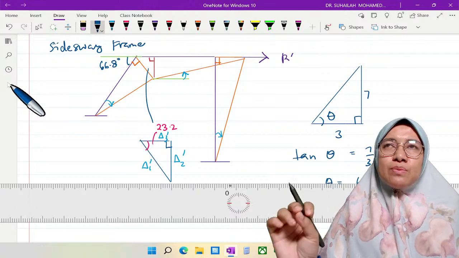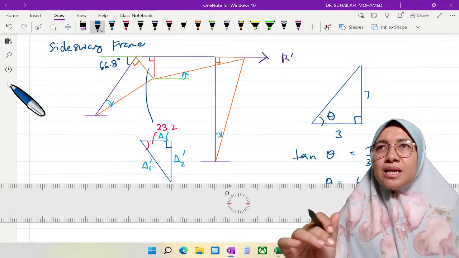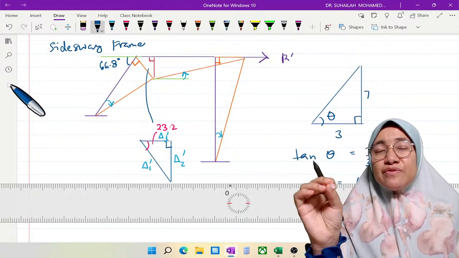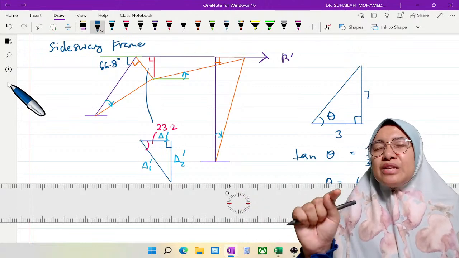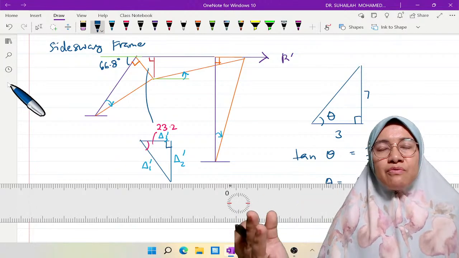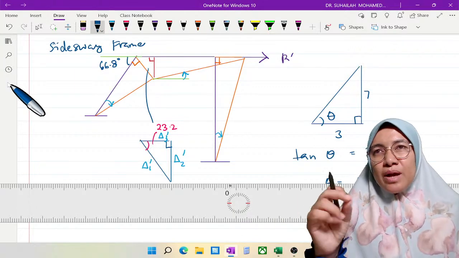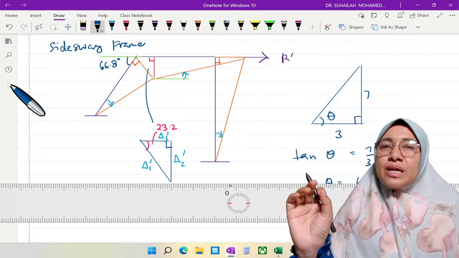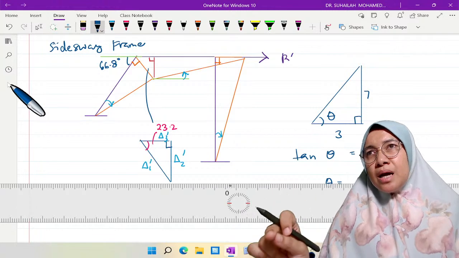Which will be based on the principle of superposition. If we refer back to the principle of superposition, we have negative R plus R. Negative R is the one that we analyzed in the first part in table number 1, and to neutralize this negative R, we have to put plus R. But we cannot analyze a frame which is subjected to R in the right direction.